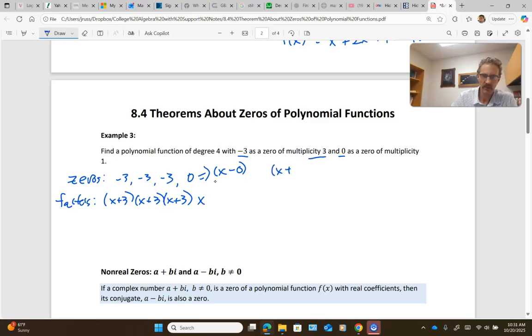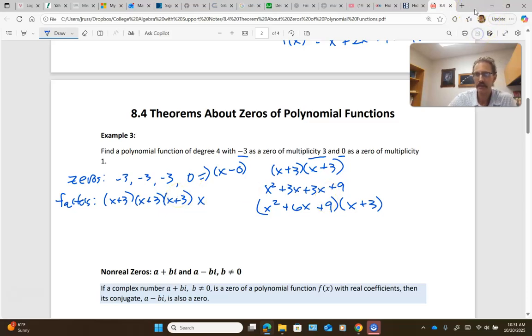Alright, so start out with the two x plus 3's. Guys, let me run through this kind of quick. x squared plus, you can get a 3x plus 3x plus 9. Those two in the middle will become 6x. Okay, but then we need to multiply that by our other binomial factor, our other x plus 3. So you'll do the same thing again.